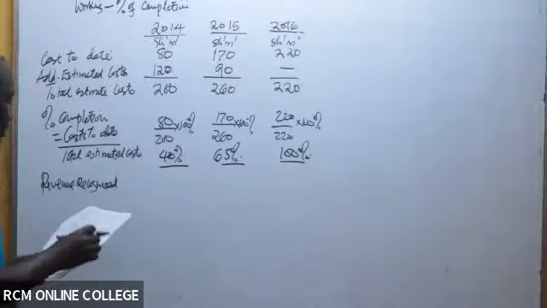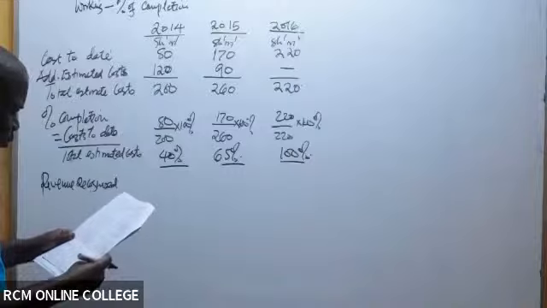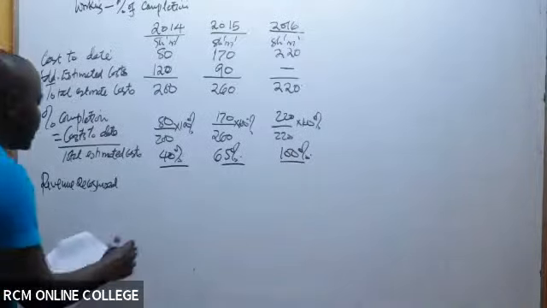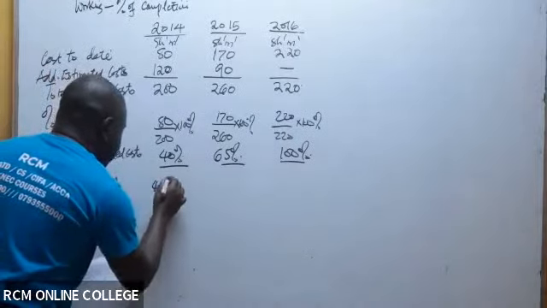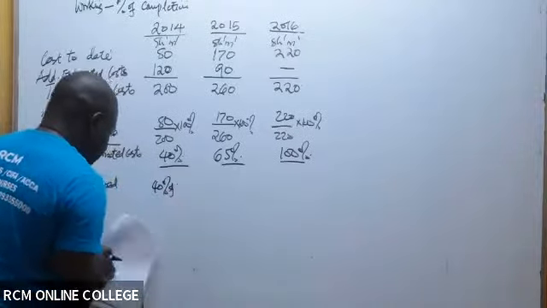So for the first year, since we've been told the contract price is 250 million, it means in the first year we'll be able to recognize 40% of 250 million.